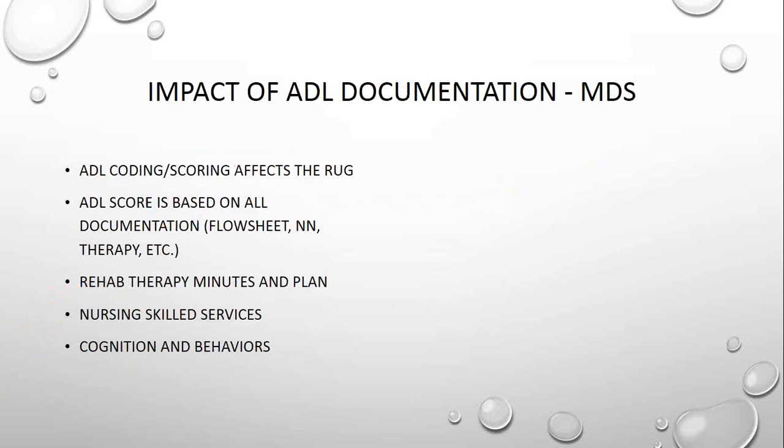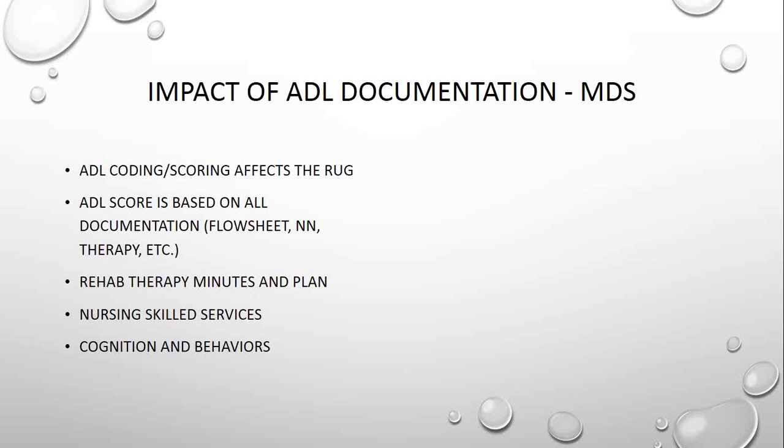The impact of your ADL documentation on the MDS or from the MDS impacts the ADL coding and scoring affects the RUG. The ADL score is based on all of your documentation, not just what comes out of PCC for the CNAs. All right, if nurses are helping, if therapy is helping do something, if activities is helping, all of that documentation, when it's there and in place, supports that.